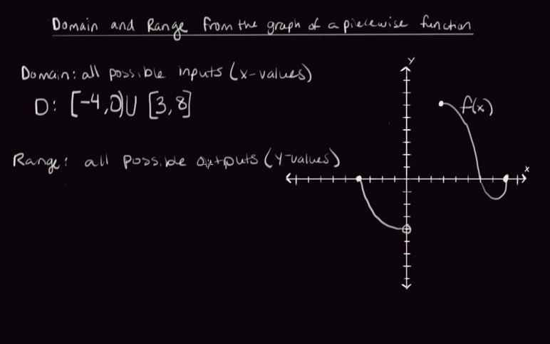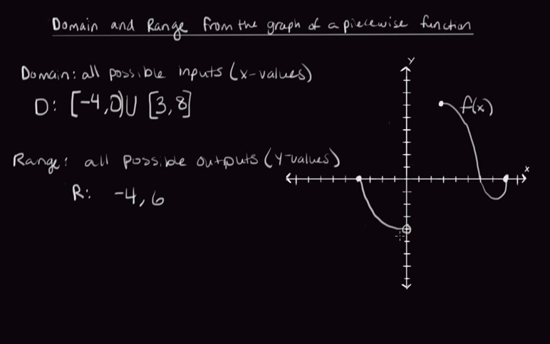Okay, so all possible outputs, which is y values, goes from -4 all the way up through 6. And now again, even though it stops over here at 0, we still have values over here. So as long as there's a range somewhere, there keeps being range values all the way from -4 all the way up to 6.